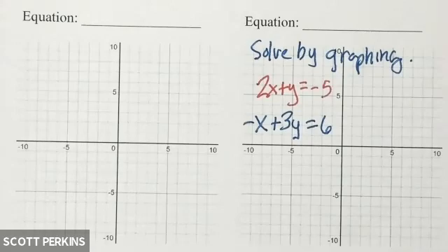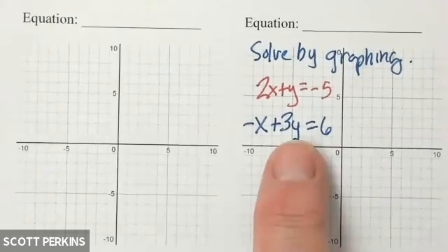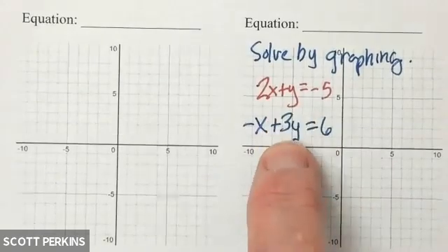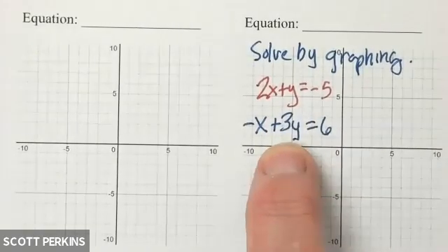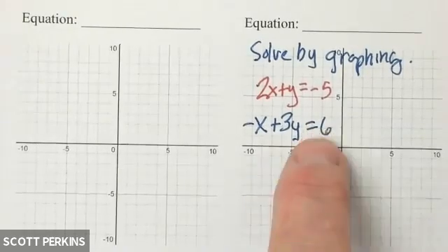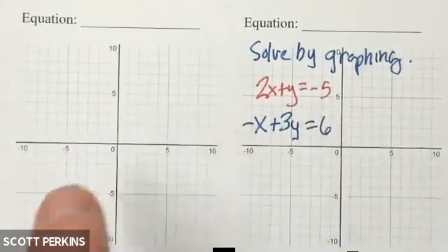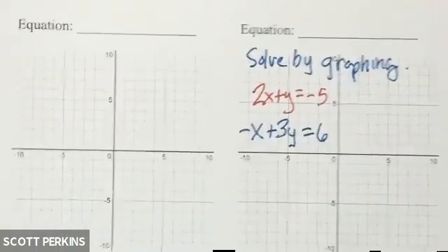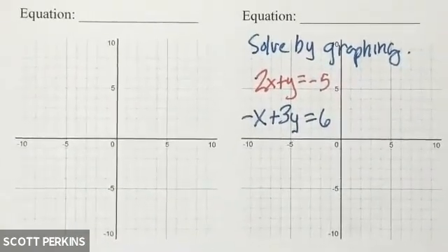We've graphed lines. We did it before the test, and then we did it in one of our sections after the test. So what I would like you to do, using the slope and the y-intercept if you're able, or using the x and y intercepts if that makes you happier, graph both of those lines on the same coordinate plane. Okay, so graph both of them on the same coordinate plane, please.